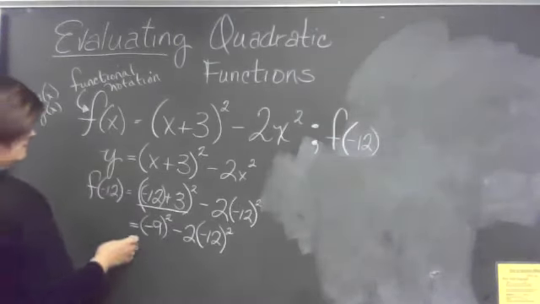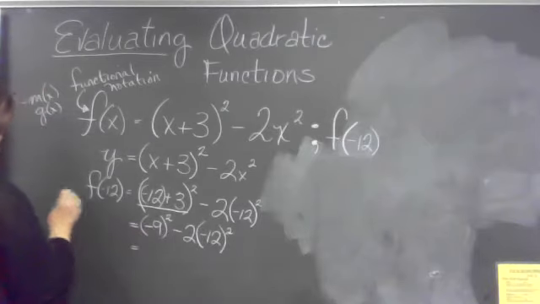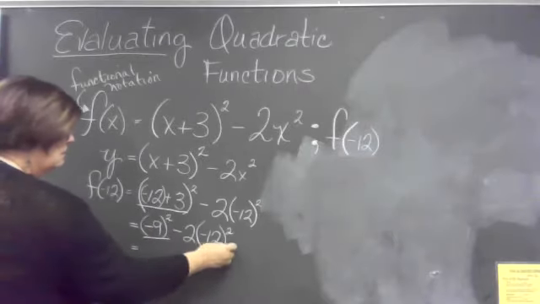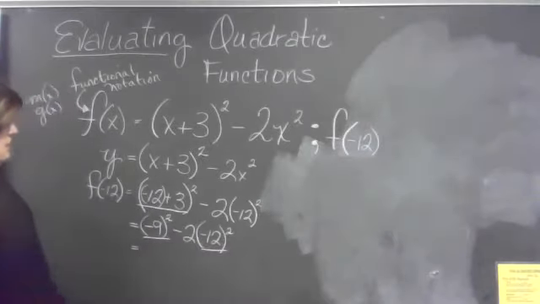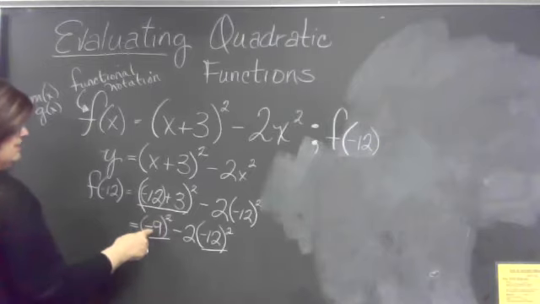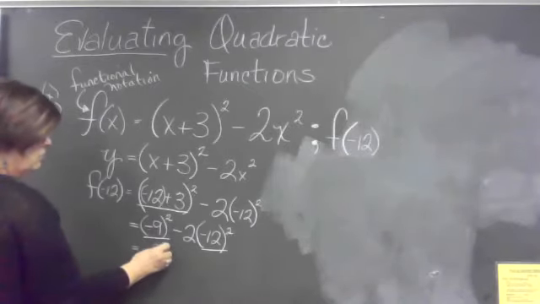So now, after my parentheses are taken care of, I've got exponents next, and I'm going to do both of these at the same time. Remember that something squared means we take this times itself. So negative 9 times negative 9 is a positive 81.